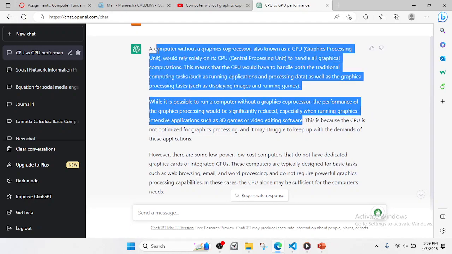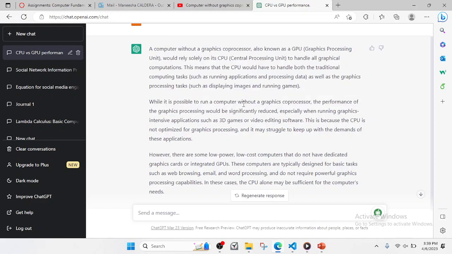Right now, I got something, or I did something that is related to graphics. Right, if the graphic processor is not in there, that means it might affect the performance of my computer, especially when it comes to graphic related stuff like videos and video games. You got that one? Right.